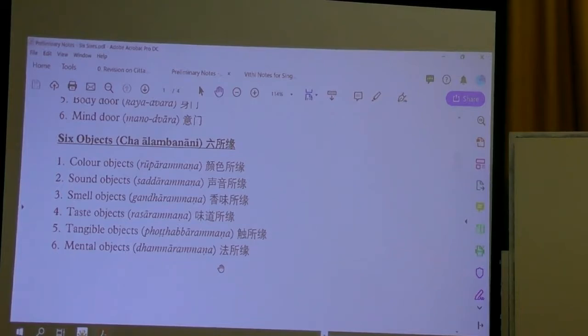Sometimes consciousness also becomes a Dhamma object. Mental factors are also Dhamma objects. All form, Rupa, also becomes a Dhamma object. Paññatti, concept, is also a Dhamma object. Nibbana is also a Dhamma object. Okay?